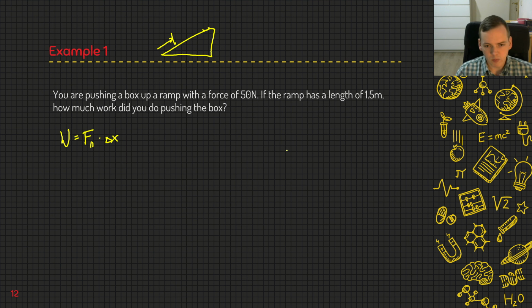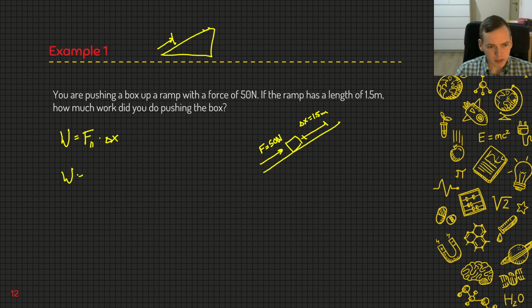In this case, we know that the force is equal to 50 newtons, and that the box is going to move a delta x equal to 1.5 meters up this ramp.